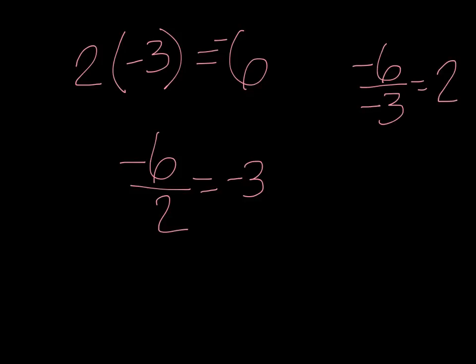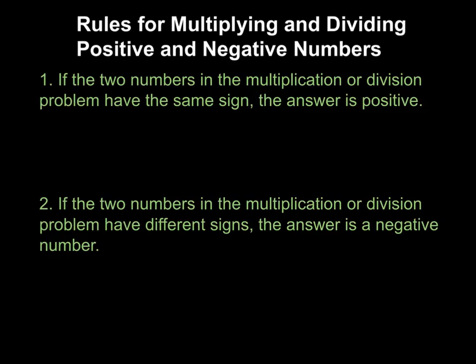You can see here that when we multiply or divide two numbers whose signs are different, negative and positive, we get a negative answer. If we multiply or divide things that have the same sign, right here we have two negatives, our answer is going to be positive.